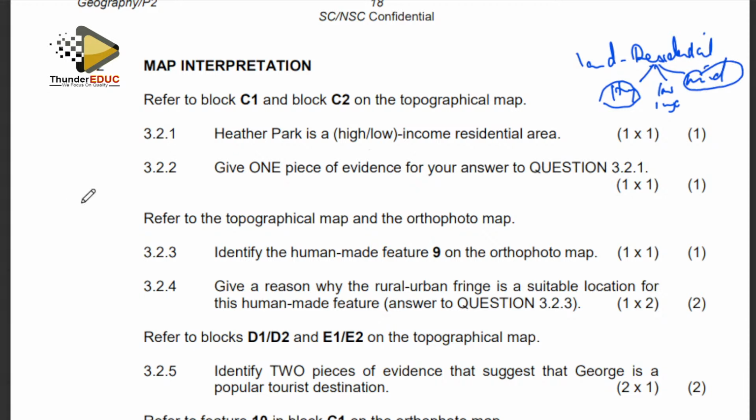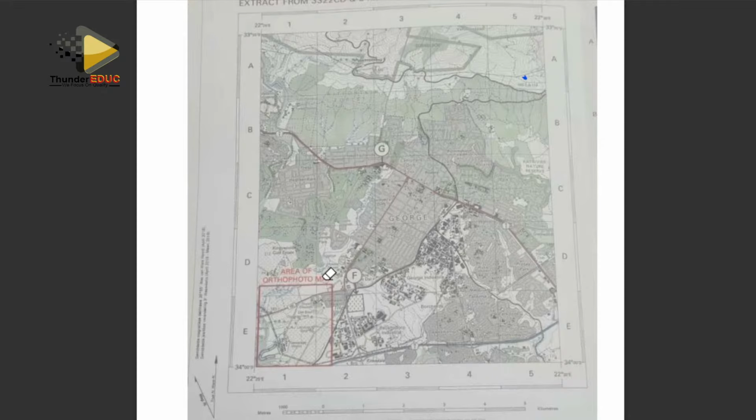So when you look at that area on the map, do you see it as having very big plots? Check here. C1 and C2, you see there, you see here. These are like areas that are having big blocks and they are far away from the city. So we are now trying to integrate the aspects.